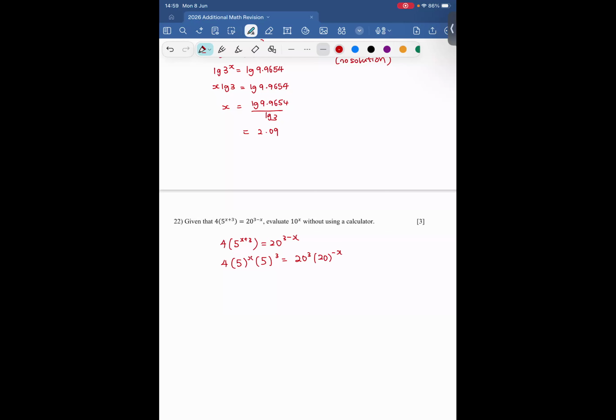What you do with this kind of question is you can see there are a few terms, 1, 2, 3, 4, 5 terms. What you need to do is put all the powers with x on one side of the equation. Those powers without x throw to the other side of the equation. Then when you simplify it, you can get the 10 power x itself.